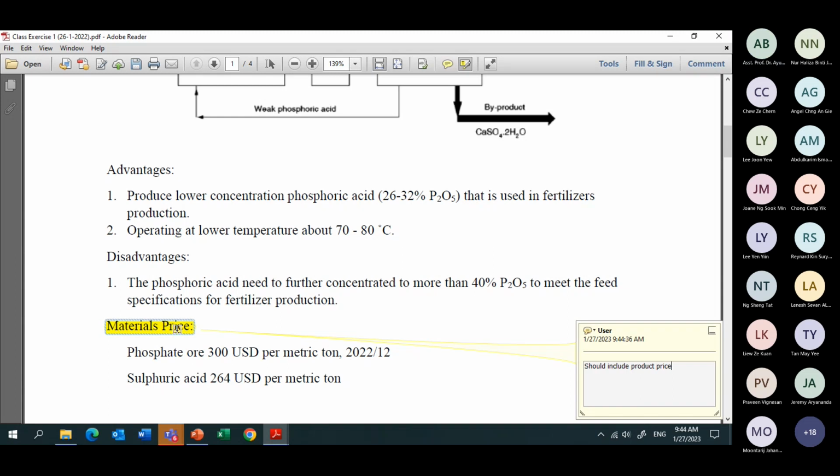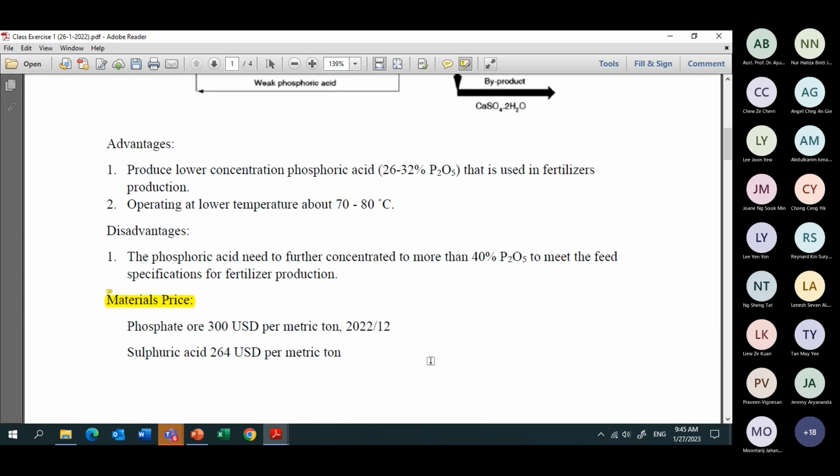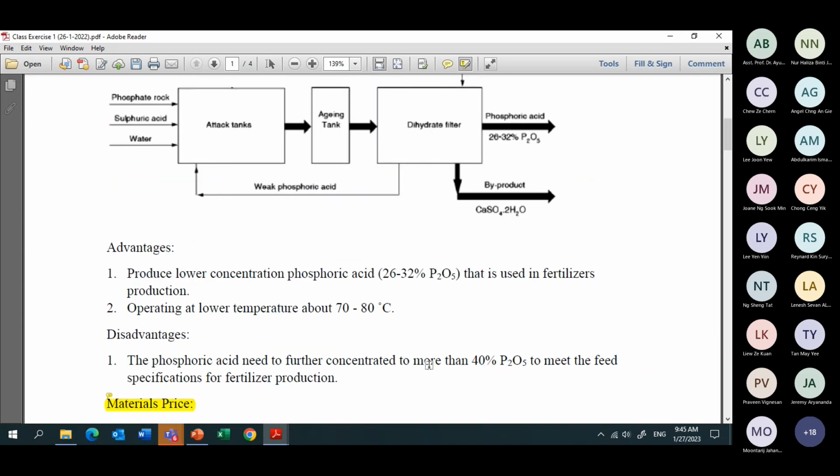product price and also the byproduct. Product and that means your input and your output. Raw material, products. Products here inclusive the byproducts as well. Okay.